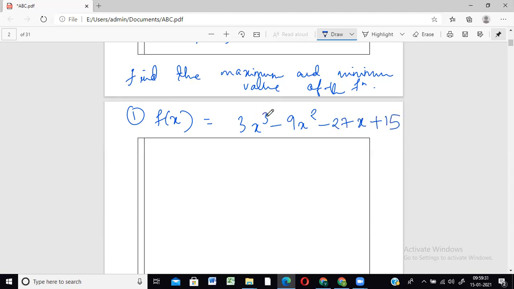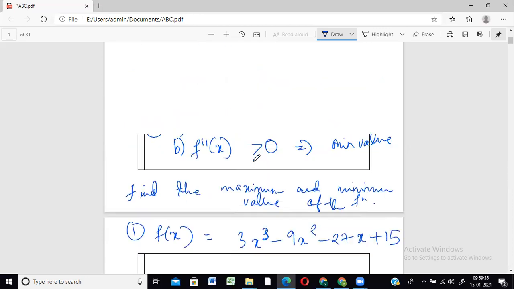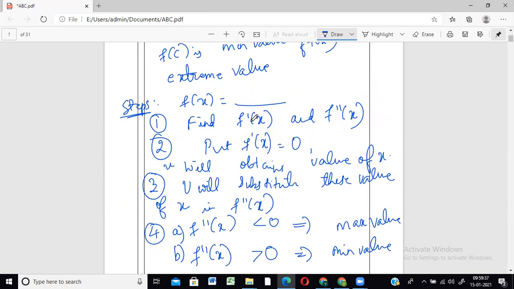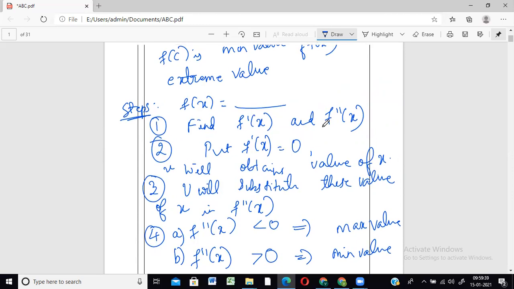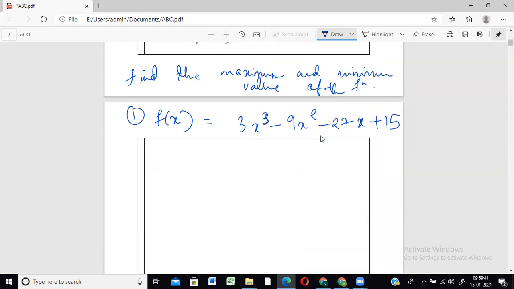So this is the question they've given you. As I said, what was the first step? We first find f dash x and f double dash x. So that's normal differentiation. By now, as I already said in the previous video, you should be very thorough with differentiation, as we come to its application now.